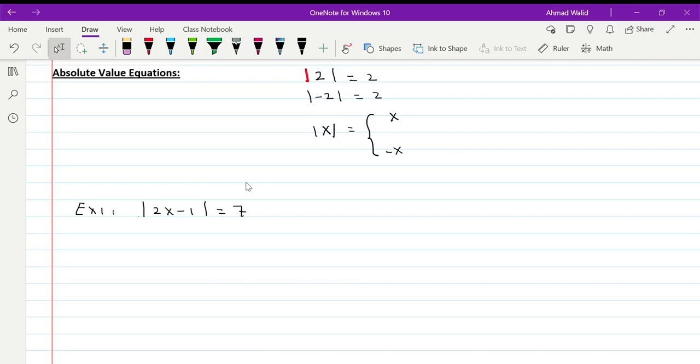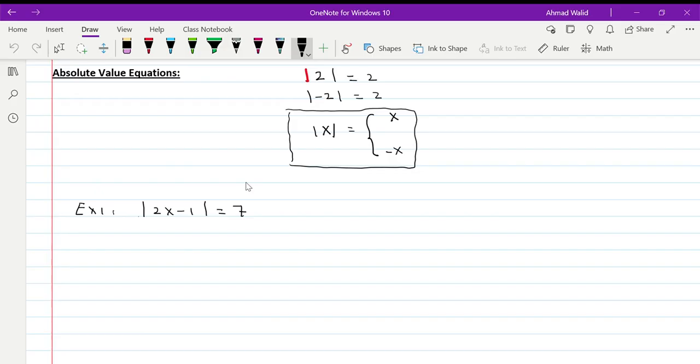Based on this definition, that the absolute value of x is equal to x and the absolute value of negative x is also equal to x, every time that you are solving an absolute value equation, you are basically solving it twice, correct?